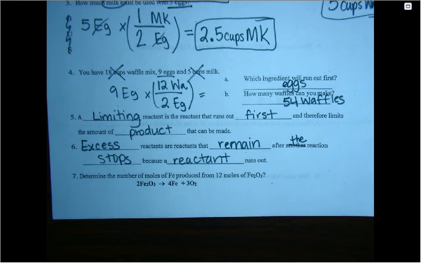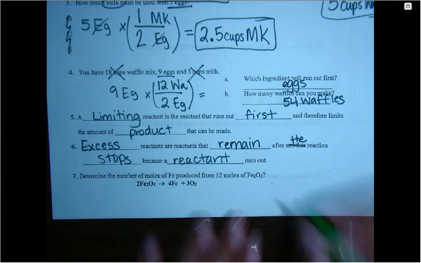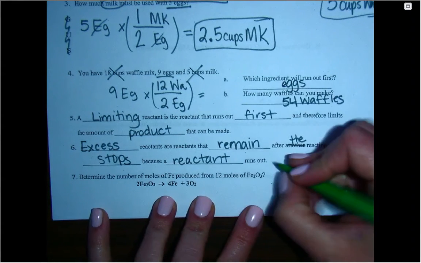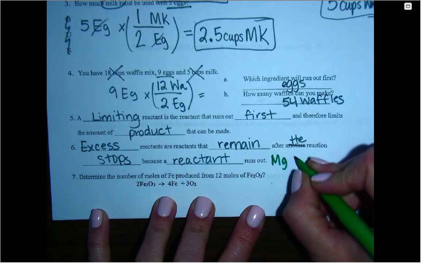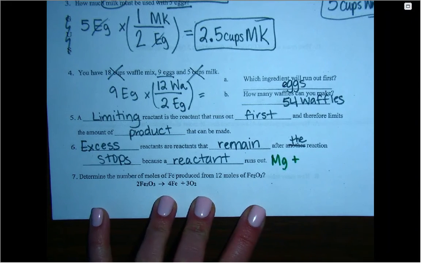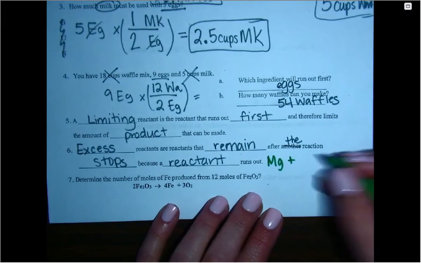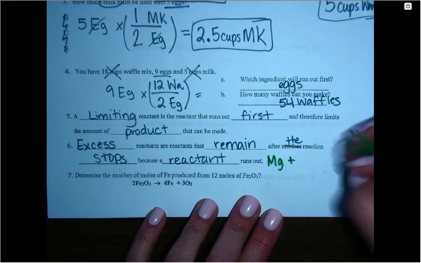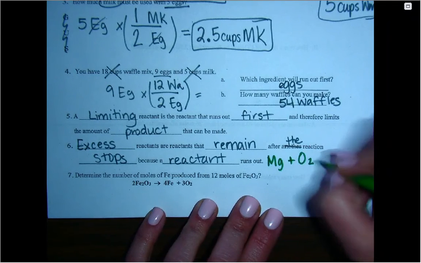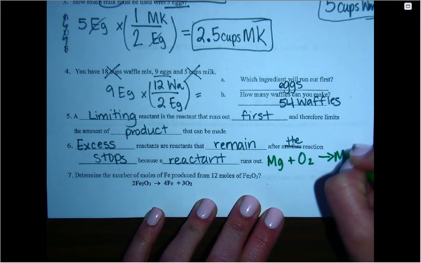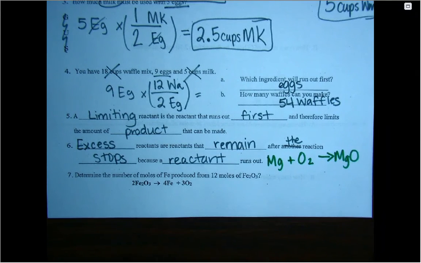All right, so that reaction was magnesium plus, we had a gas in this room. What gas was very prominent in this room? Oxygen, exactly. We were all breathing just fine. And it made ash at the end.